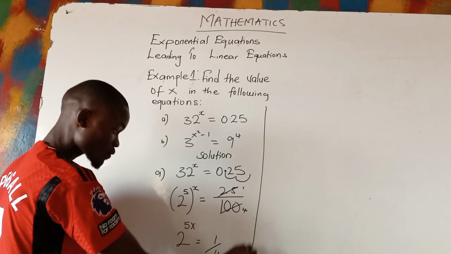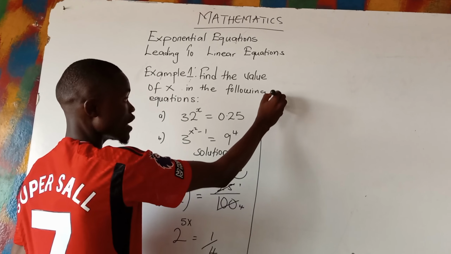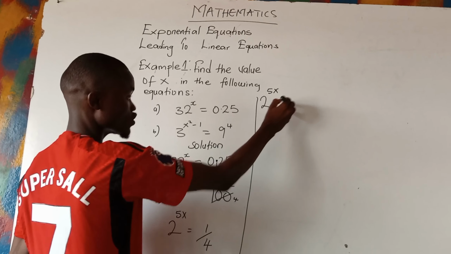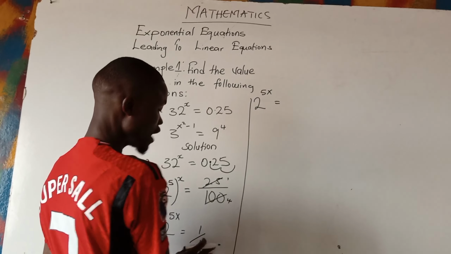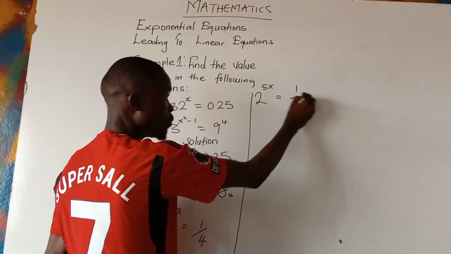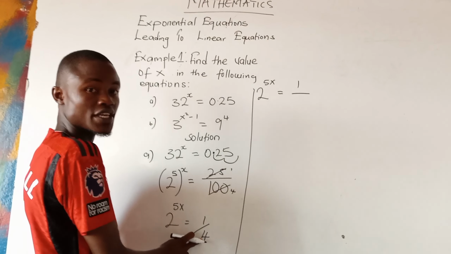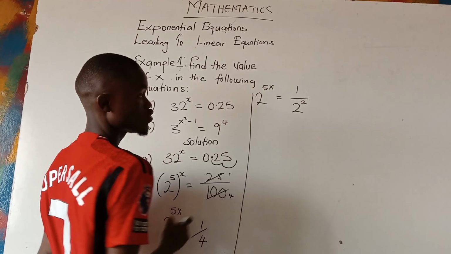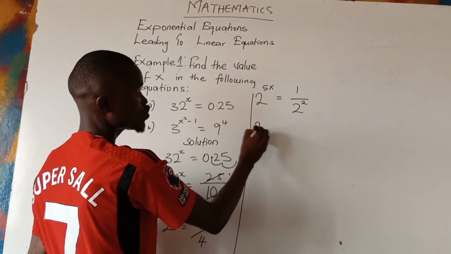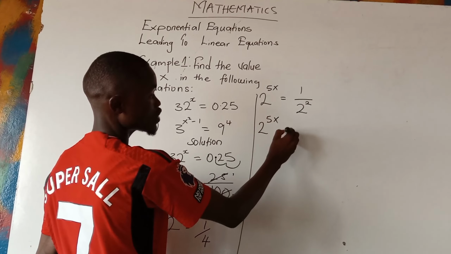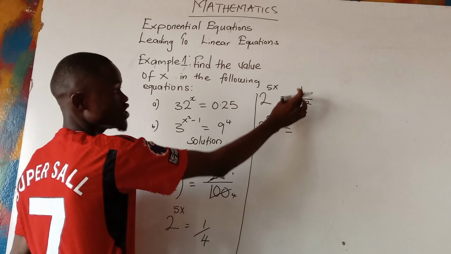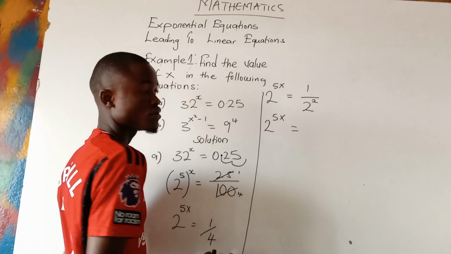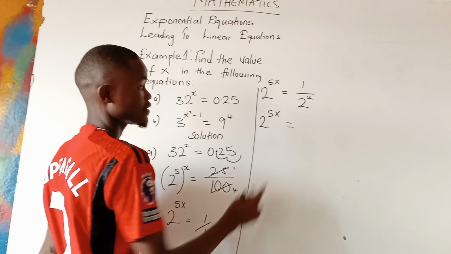Now say 2 raised to the power 5x equals 1 upon, you express this in index form, that is 2 raised to the power 2. So 2 raised to the power 5x equals, now you change this fraction to negative index. How?